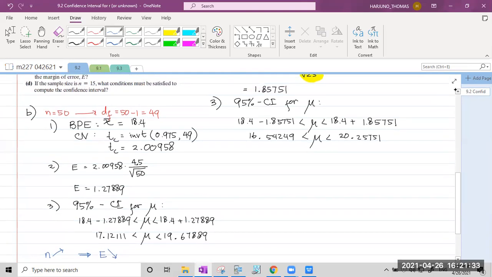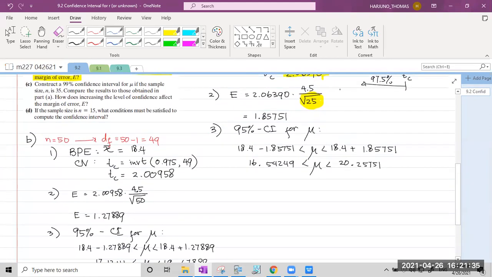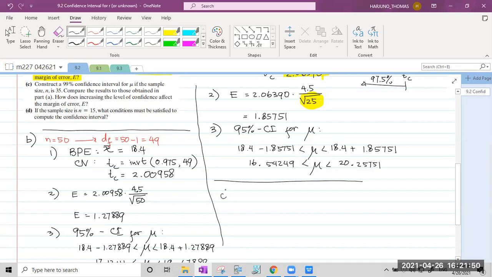Okay, now let me ask you to try part C. That one is part A. This is part B. And this is part C. Part C has the sample size of 35, confidence level 99%.